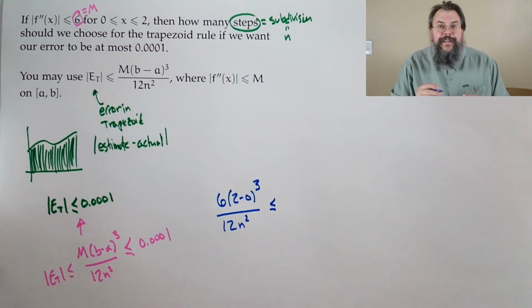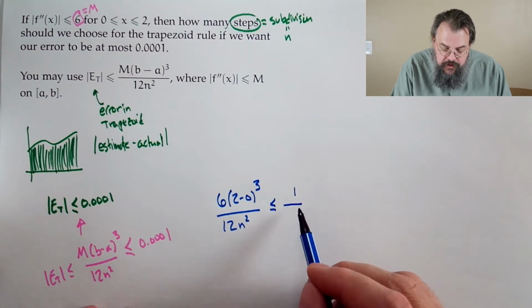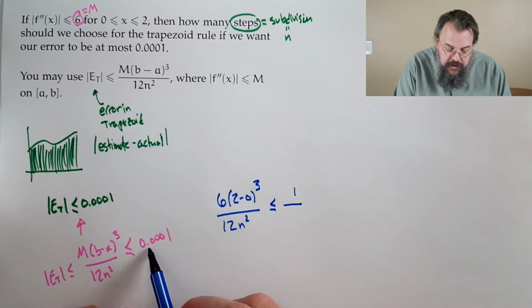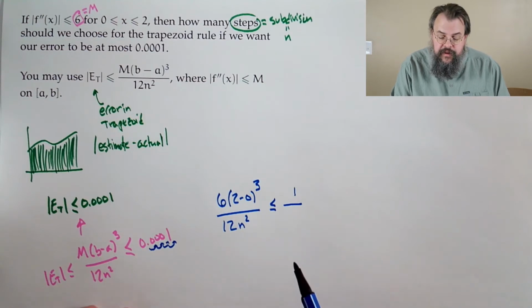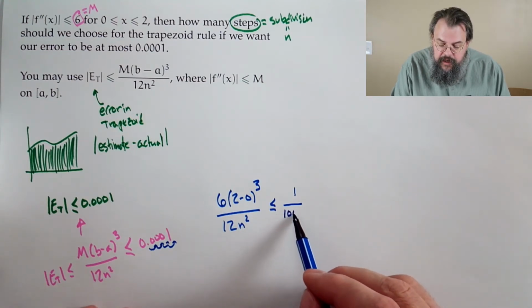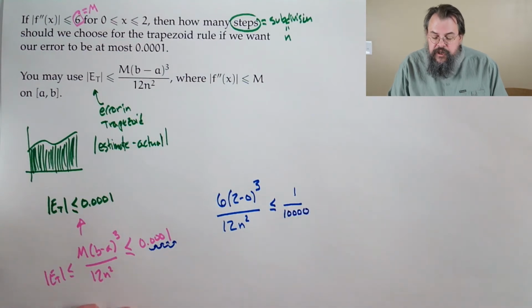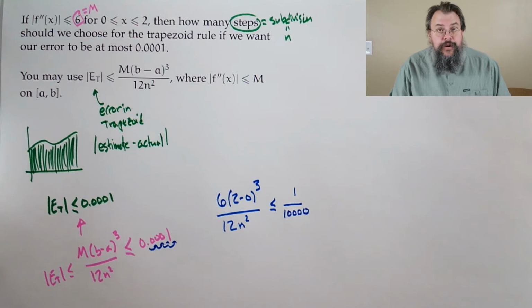Well, let's write that in a little bit nicer way. See, that's 1 over a big number. Well, how big? Okay, let's just count how many times we moved the decimal place over. We moved it over 1, 2, 3, 4, 5 times. So that's 1 over 100,000, which is how you move the decimal place over.